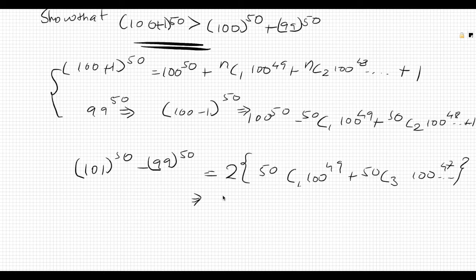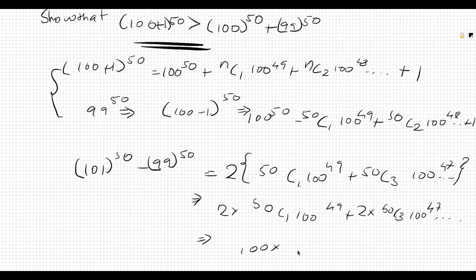On further simplification, we get twice into 50C1 100 to the power 49 plus 2 into 50C3 100 to the power 47 and so on, which gives us 100 into 100 to the power 49 plus a positive number.